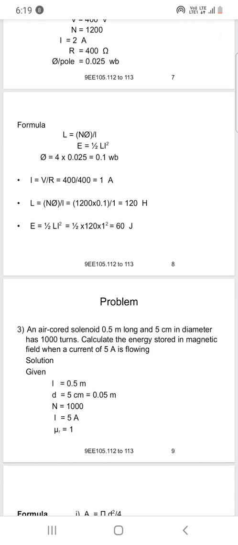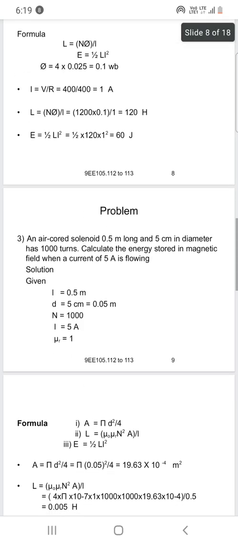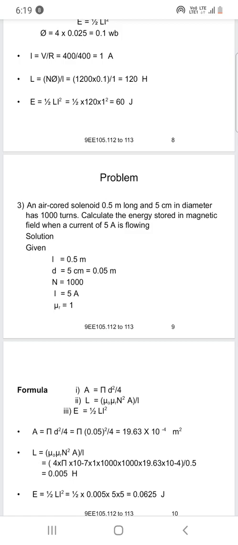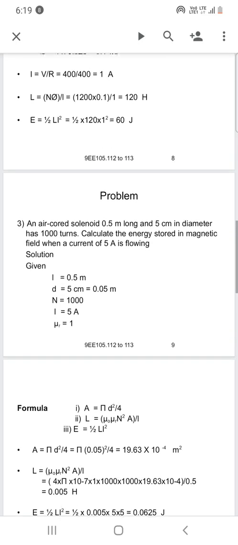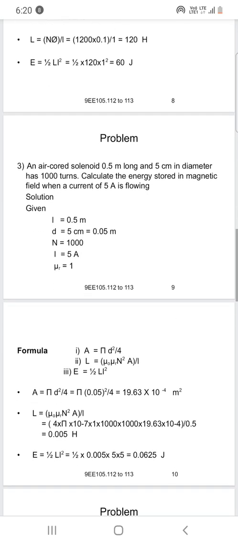Next, L is equal to N into phi by I, where N is the number of turns, 1200 turns, into flux 0.1 by 1 ampere current, which is equal to 120 Henry. This is the L value, that is the inductance of the motor.